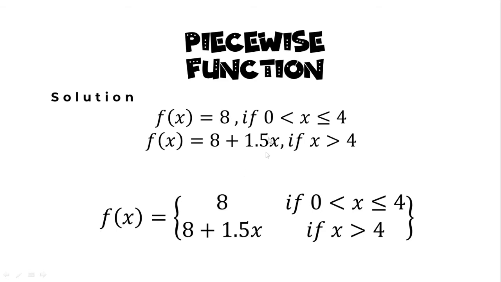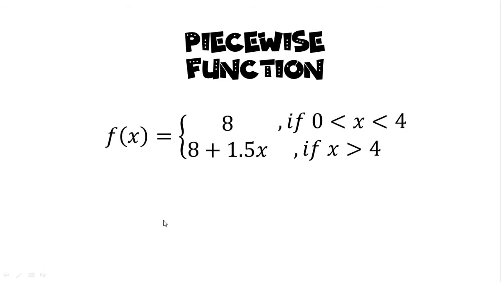Okay? So, kapag pinagsama natin dalawang function na yan, ito na itsura niya. So, this is an example of a piecewise function. Itong first function, narito na siya. Itong second function, ito na siya. So, enclosed siya sa braces. Ayan. So, this is an example of a piecewise function.